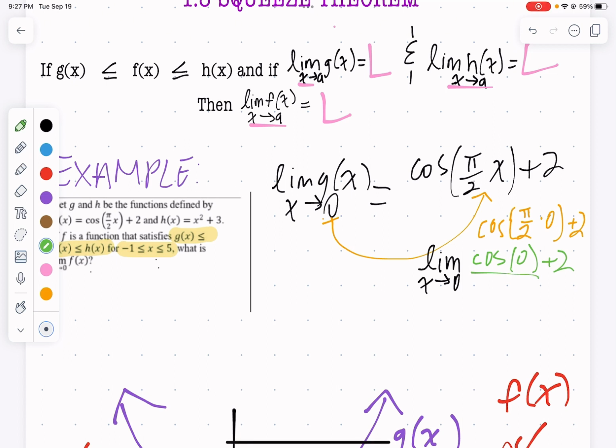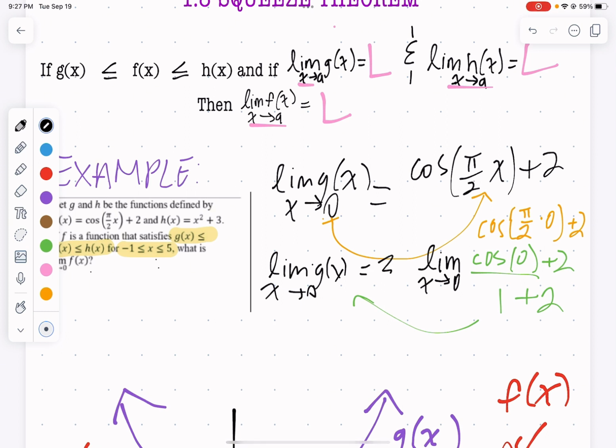Hopefully you remember your unit circle. If you don't have it memorized, memorize it now. The cosine of 0 is 1, so it's the same as 1 plus 2. So the limit of g of x as x approaches 0 is going to be 3.